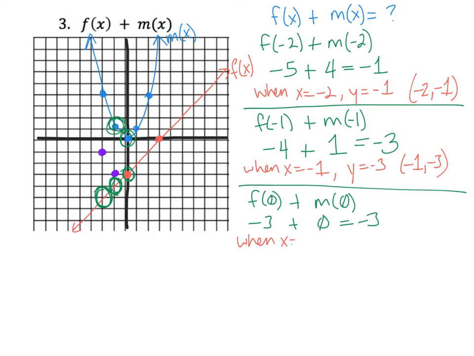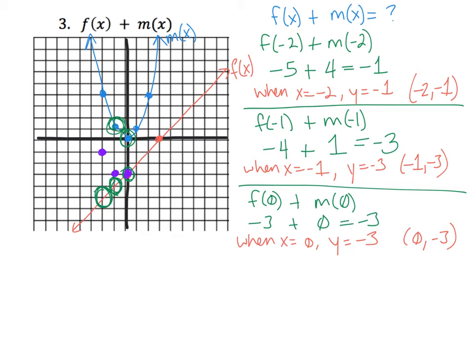So when x equals 0, the y value of the sum is equal to -3. Okay, so that means my ordered pair is going to be 0, comma, -3. So let's graph that. That's right there. All right, interesting.